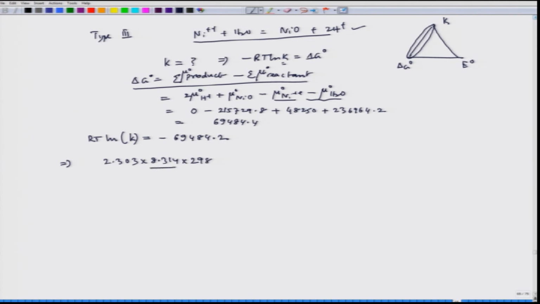This is R, the universal gas constant, and log, since we are converting ln to log.